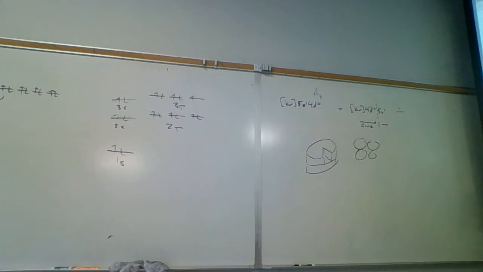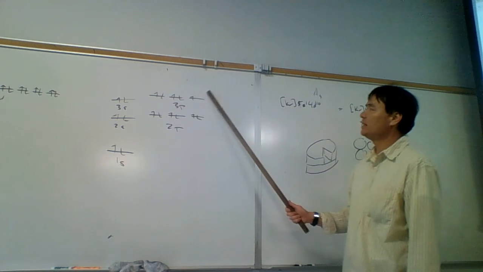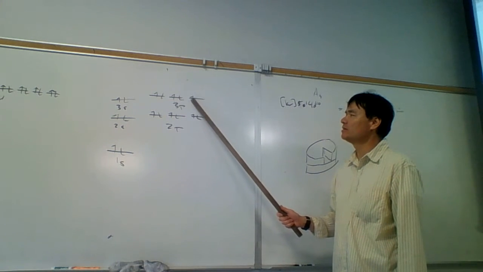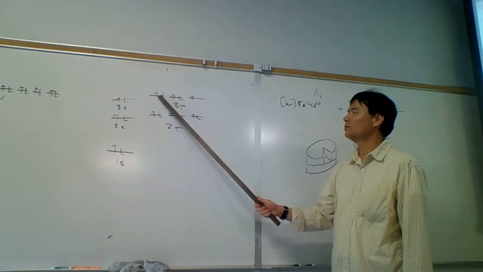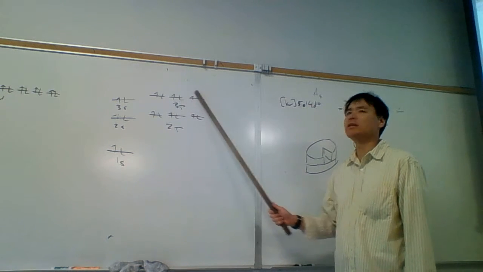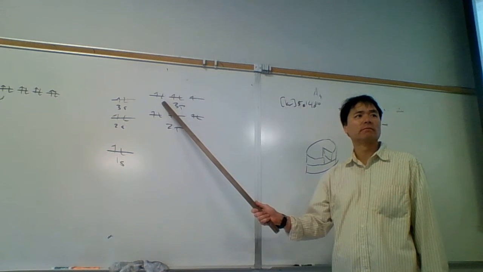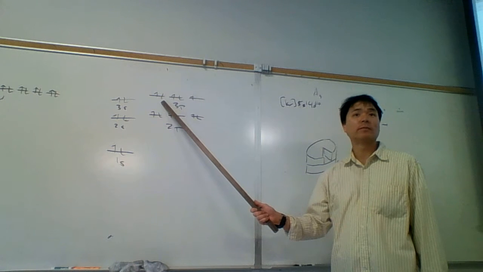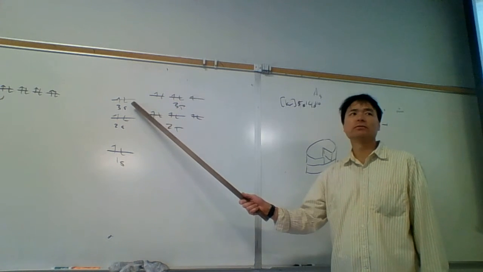So chlorine's oxidation state ranges from -1, which is preferred. For sure it wants one more electron, to +7. And so -1 gains an electron, +7 loses 1, 2, 3, 4, 5, 6, 7, that entire shell. That would be +7.